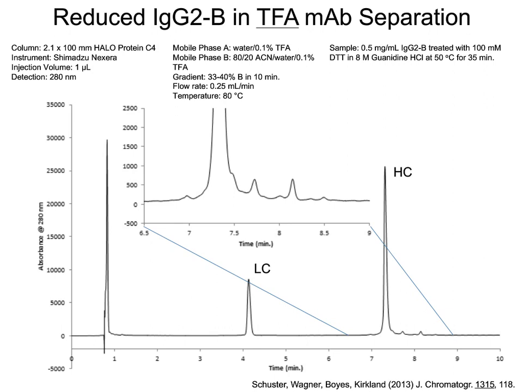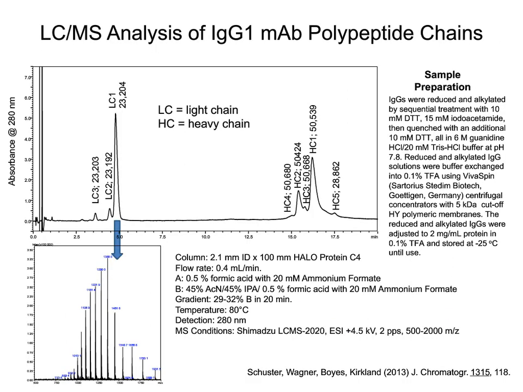Not nearly so good in terms of mass spectral application, but certainly we can now see that there are variants present. If we want to use mass spectral detection, we need to use some of these considerations of other mobile phases than trifluoroacetic acid.